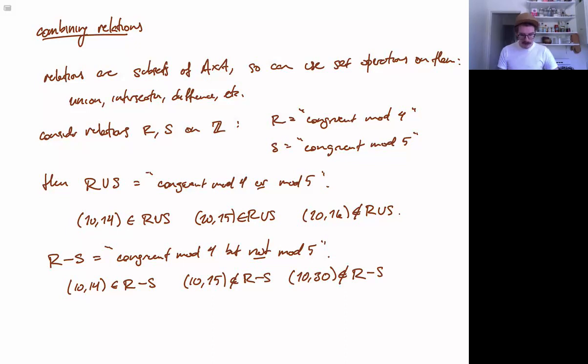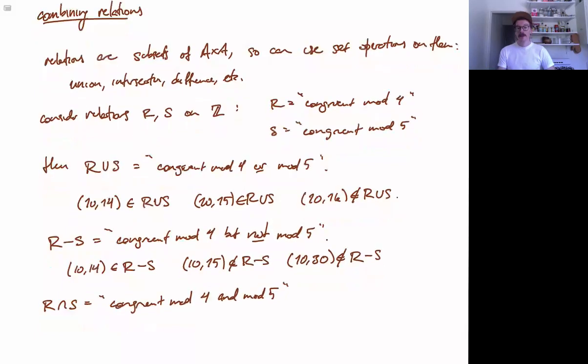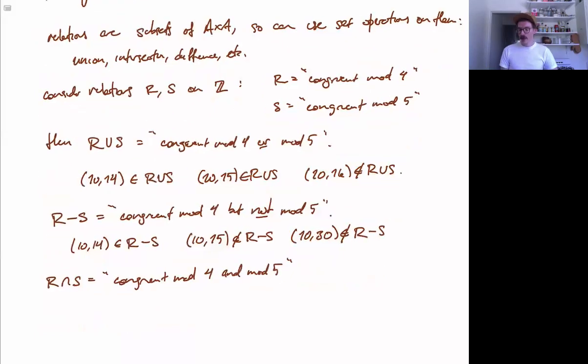And one final example of this, R intersect S, congruent mod 4 and congruent mod 5. If you remember your Chinese remainder theorem, this is the same as saying that they are congruent mod 20.